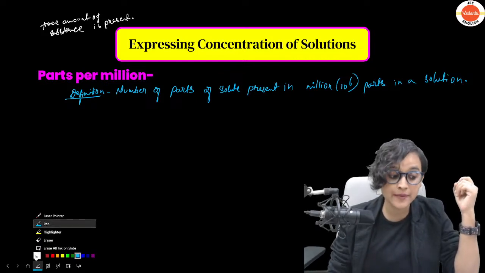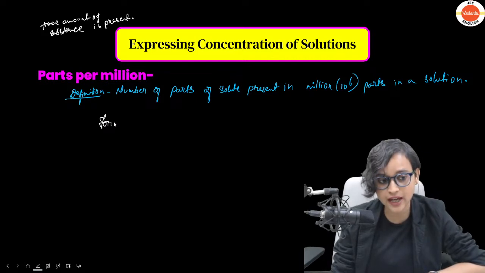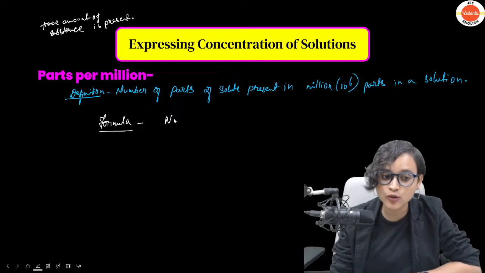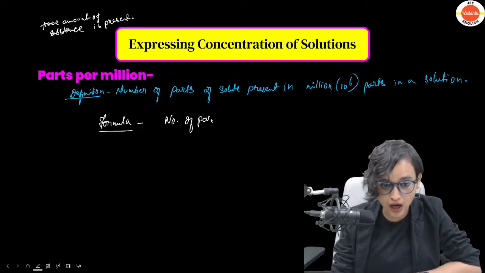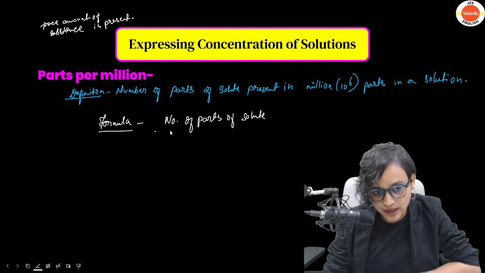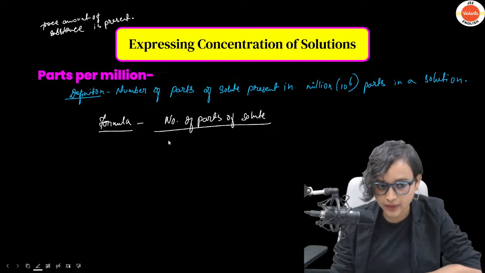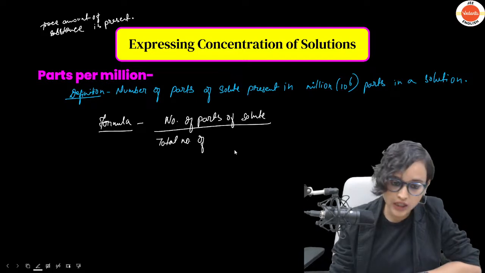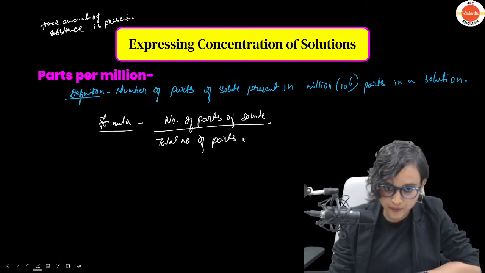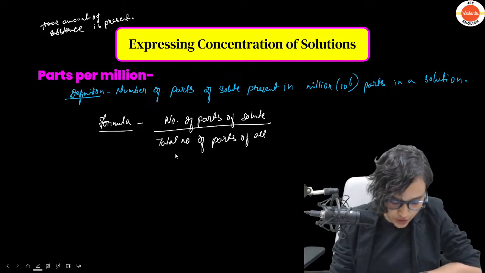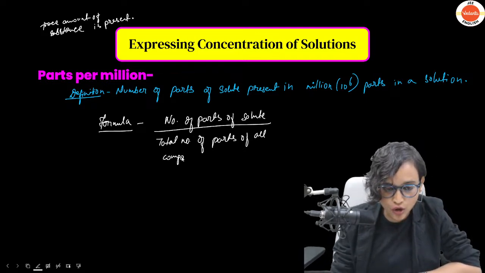So what is the formula then? This time the formula is going to be number of parts of solute divided by total number of parts of all components of solution.